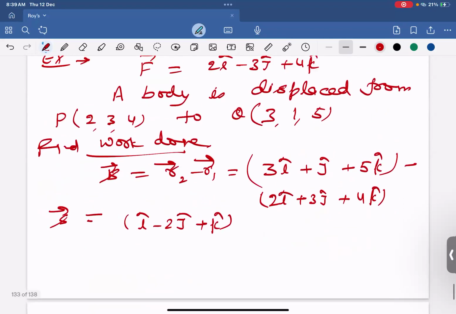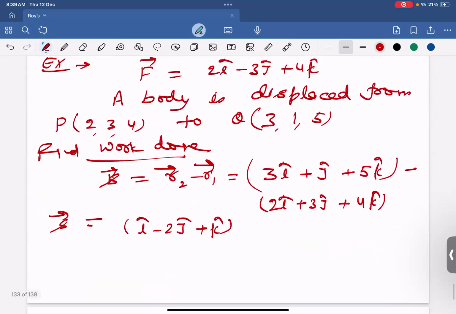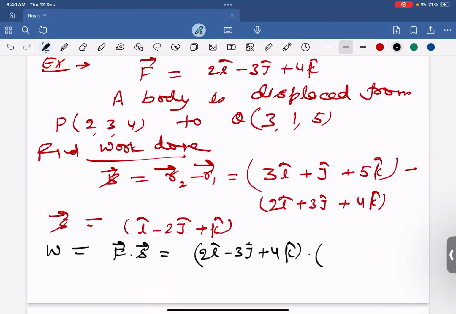Now, after finding the displacement vector, we can find the work. The work formula we know is force vector dot displacement vector. Force vector is 2i cap minus 3j cap plus 4k cap dot i cap minus 2j cap plus k cap.